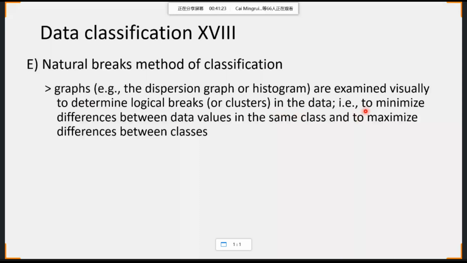So that means to minimize differences between data values in the same class and to maximize differences between classes. So maximum breaks, the method that we just talked about before, is about maximizing differences between classes. But here it's also about minimizing differences between data values in the same class. So within a class, differences should be minimized.